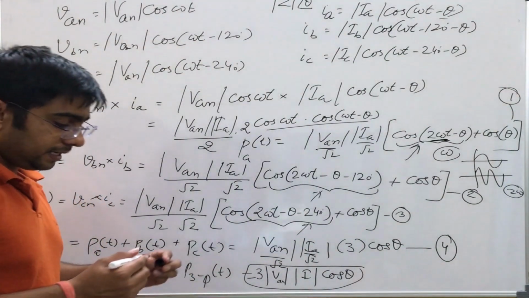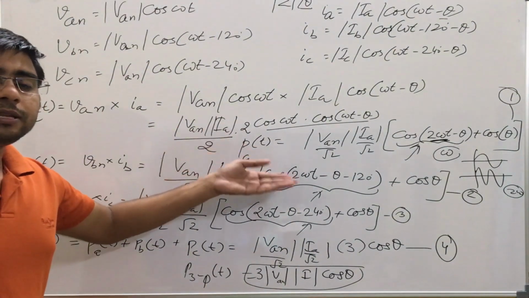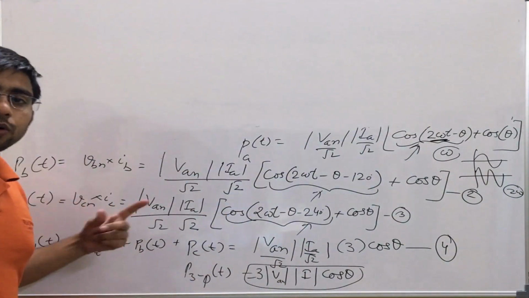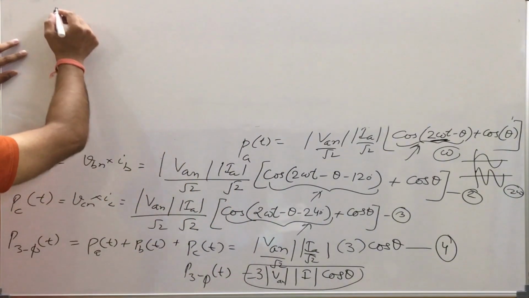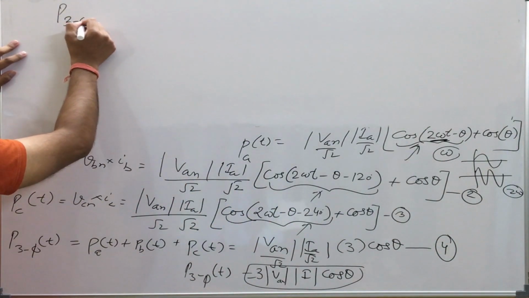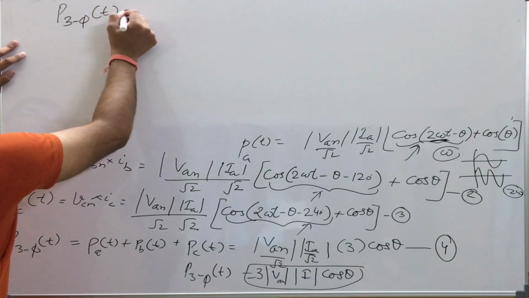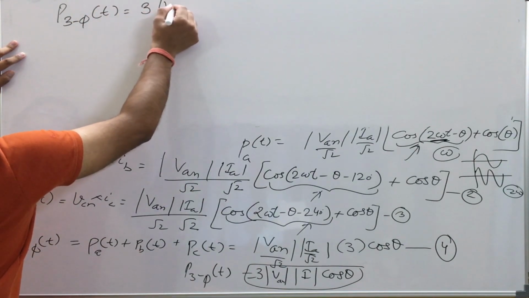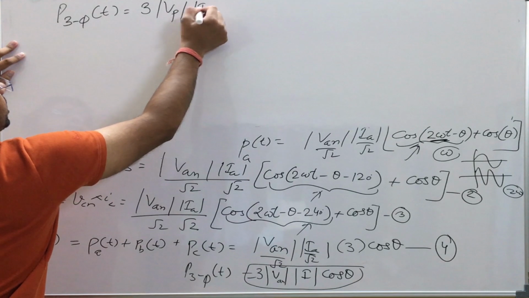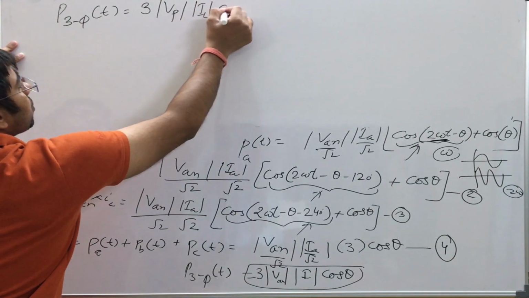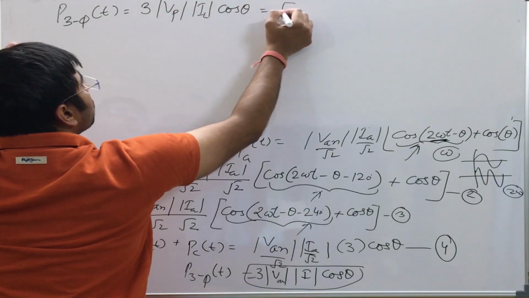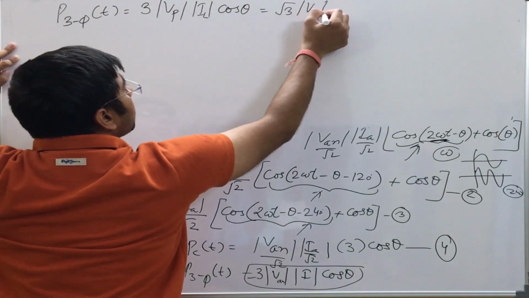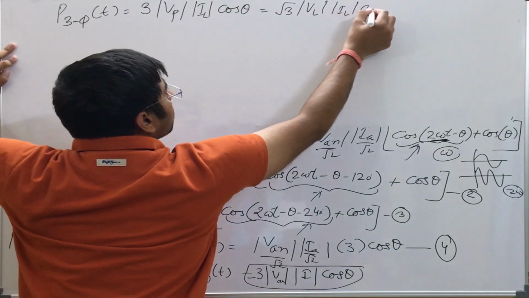So in the next slide we will see what the torque input will be. The power delivered by, let us say, a 3-phase motor is P3phase. It is instantaneous power, 3 of V phase, I phase, or I line cos theta, which is root 3 VL IL cos theta.